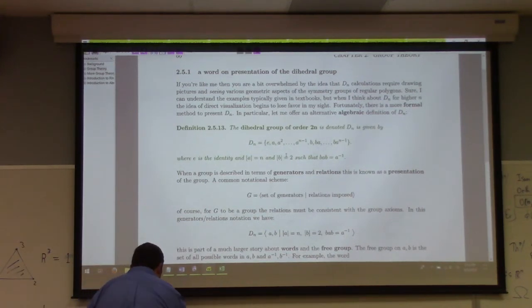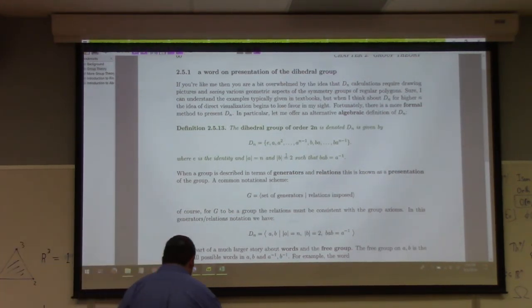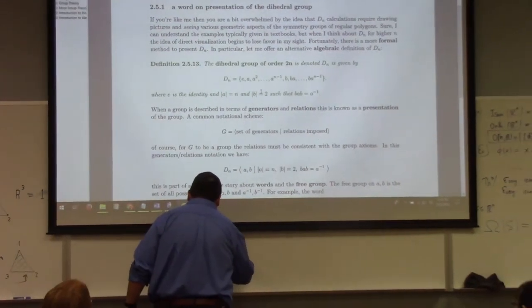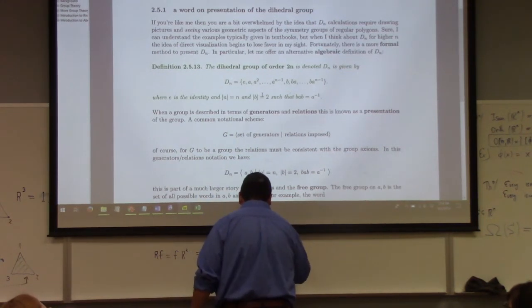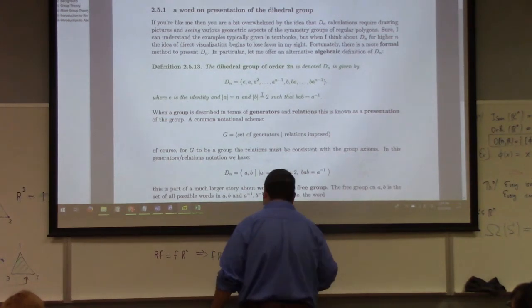So we just had that, how did it go? What was it, F? I forgot already. Was it RF equals FR squared? Can you guys tell me? All right, so if I want to solve that for, I can multiply both sides by F. I get FRF equal to F squared R squared, but that is E times R squared, which, by the way, is R inverse.